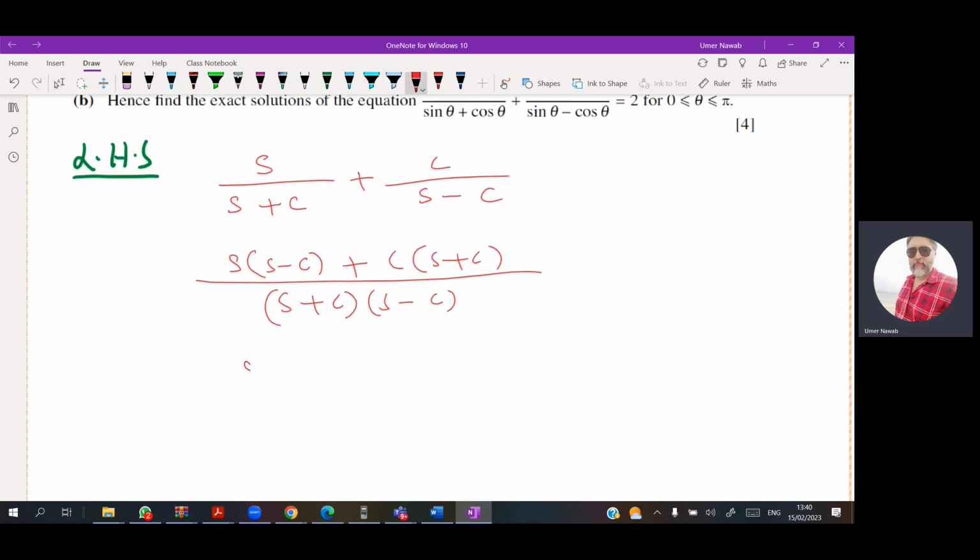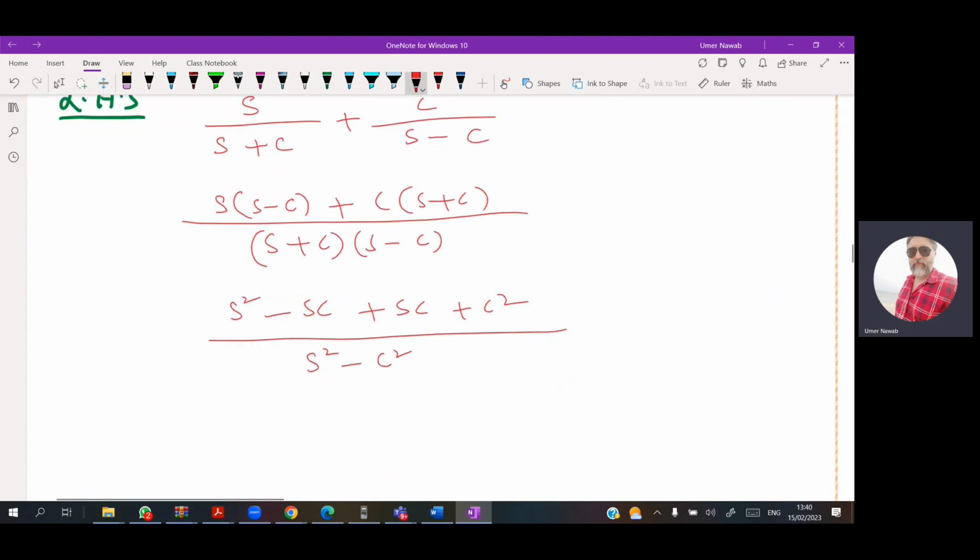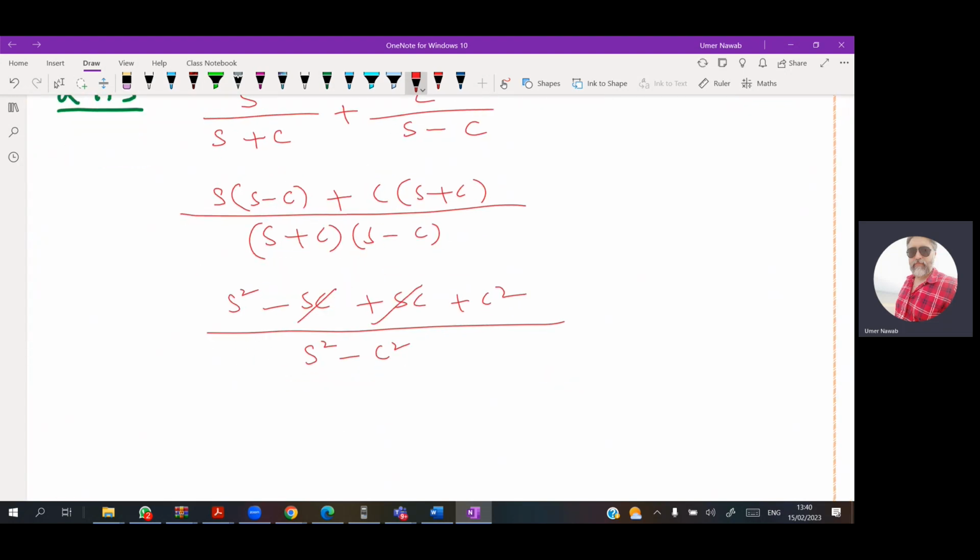Open the brackets: S squared minus SC plus SC plus C squared, over S squared minus C squared. Now this is cancelled and I get S squared plus C squared. Everyone remember sine square plus cosine square, the Pythagorean identity, equals 1. So I write 1 over S squared minus C squared.